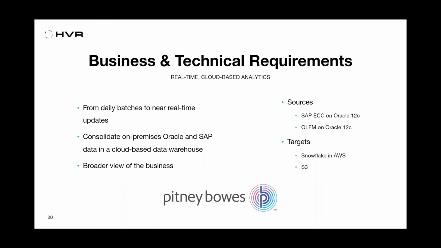Originally they came to HVR and said, can you just help us get this data out and drop it into some sort of object store where we can take it from there? We said, sure, we can definitely help you get these down to files, but what are you going to do with it once they're files?